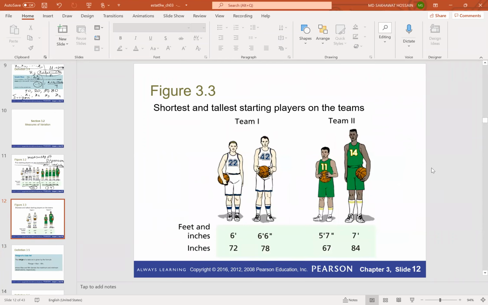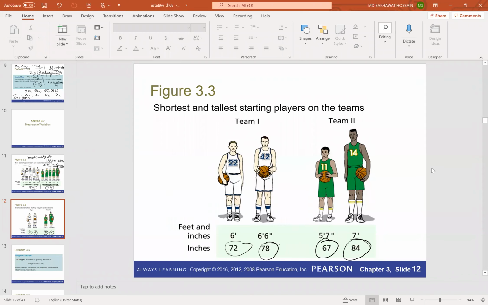So here we found the shortest and tallest starting players on the teams. If you find the shortest player and the tallest player, and you measure the height, then you can use these two pieces of information to find one measure of variation. There are actually different measures of variation.